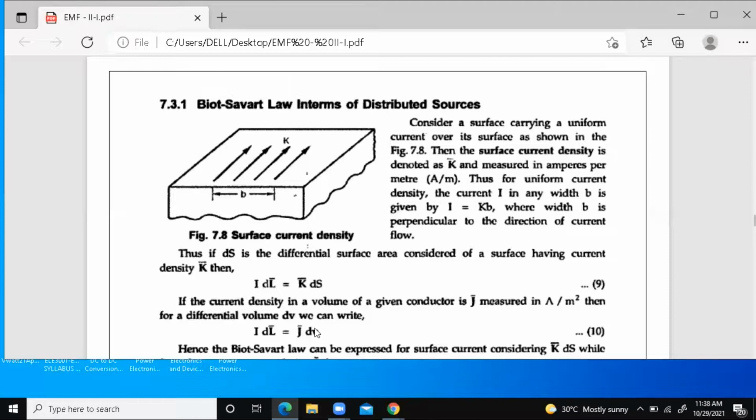It would be a bigger wire than your normal wire. You get it? Yes, sir. So you take the size, the increased dimension, into consideration. Yes, that's the dV, because J would be in amps per meter squared, and you multiply it by the volume to give you the total current.